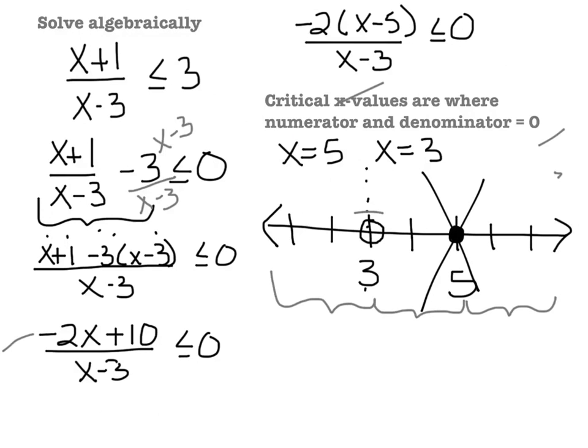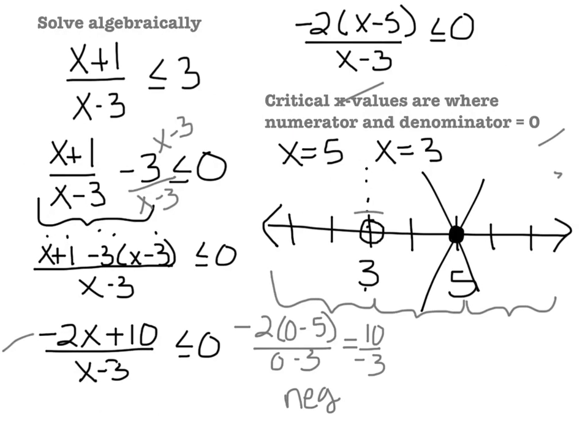I like 0 because 0 is an easy number to plug in. And I plug it into -2 times (0 - 5) over (0 - 3). And that equals 10 over negative 3, so it's negative.